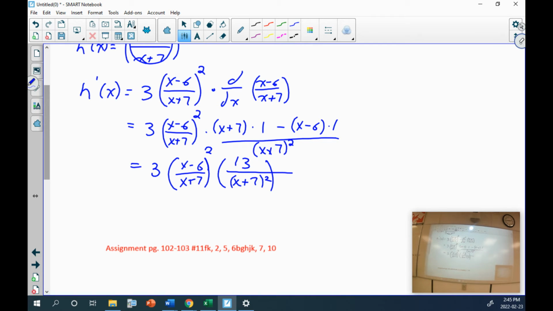Can that be tidied up a little bit? I hope not. It can actually. Because I have x minus 6 over x plus 7 all squared. Can I not write that as x minus 6 squared over x plus 7 squared? One of the laws of exponents says I can do that.